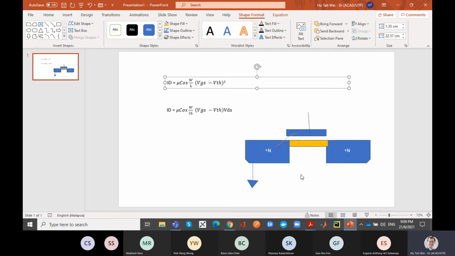Because this region here is p-type, this is n-type, this is n-type. N-type means the excess electrons flowing around. So the free carrier here will be electrons. The only problem in the MOSFET is that without any kind of voltage here, there's no bridge, right? There's no way for them to connect.